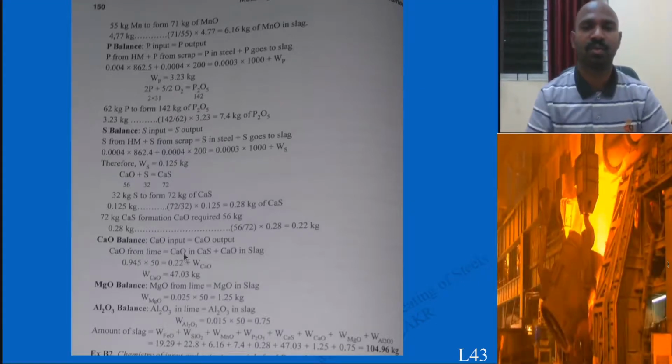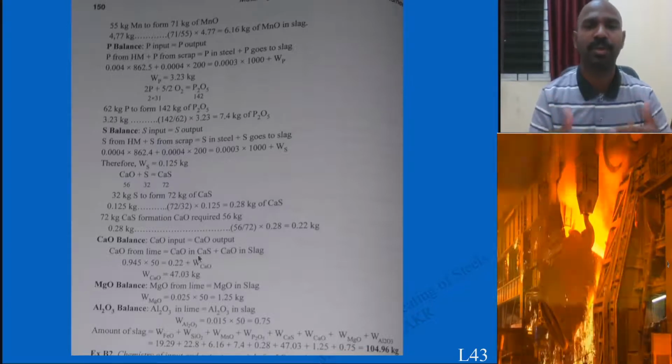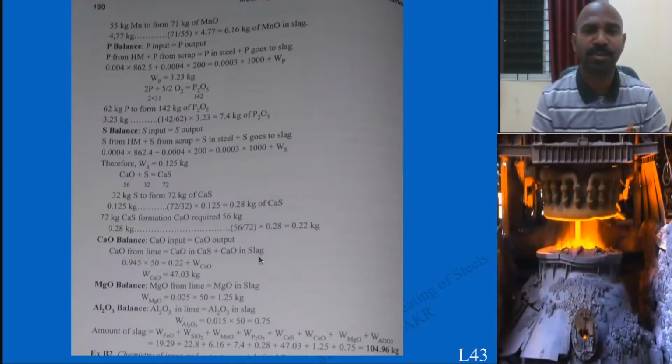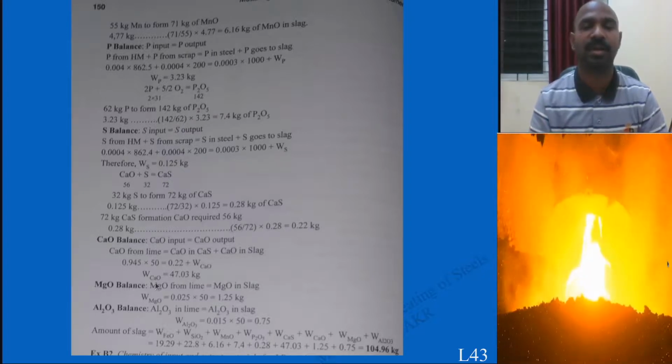CaO in CaS is 0.22, which is calculated just now, and for CaO in slag, the CaO percentage is given; this fraction value is given in the numerical problem. Finally, the weight of the CaO you can calculate.